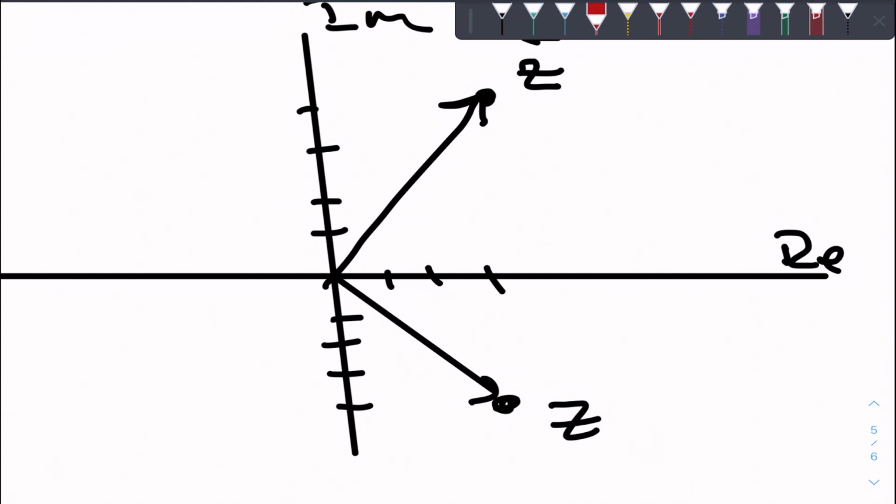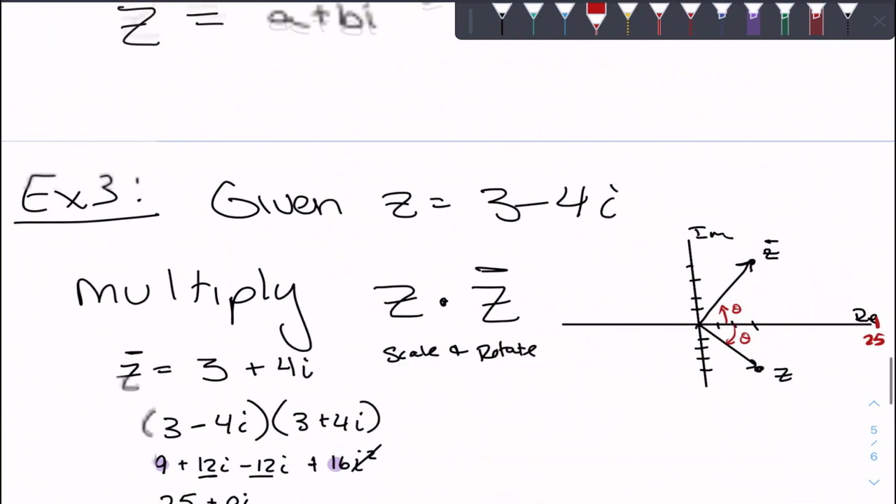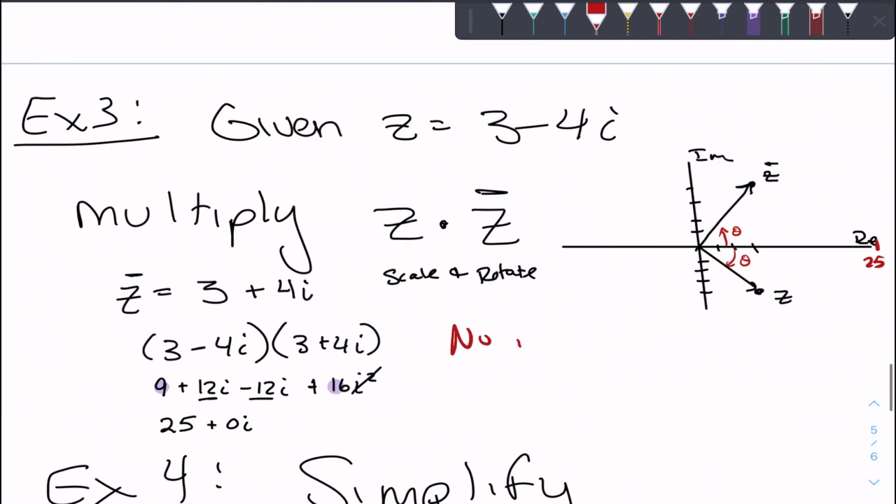Well, we definitely saw the scale part, but these two rotations somehow cancel each other out, and we have no imaginary part left.